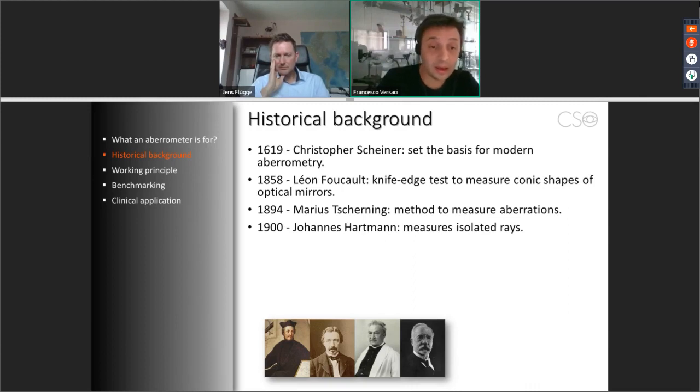In 1900, Johannes Hartmann found a way to measure isolated rays, and this first step was completed a few years later by Shack, who invented the Hartmann-Shack sensor, but we'll see this in a few.